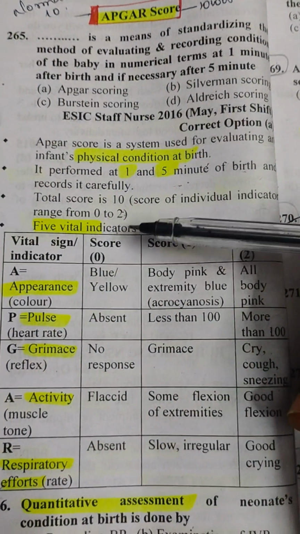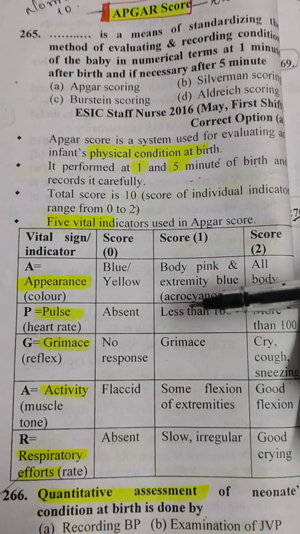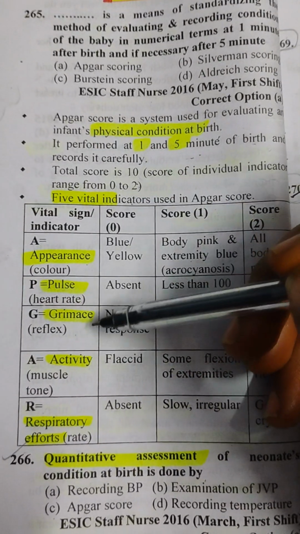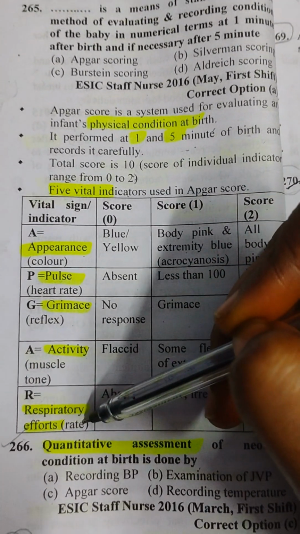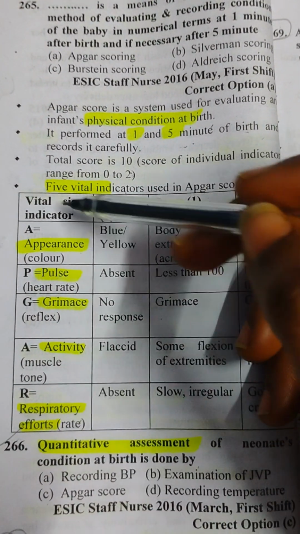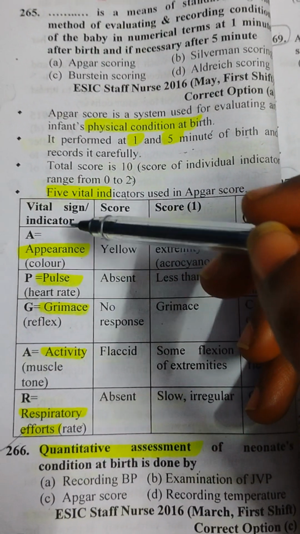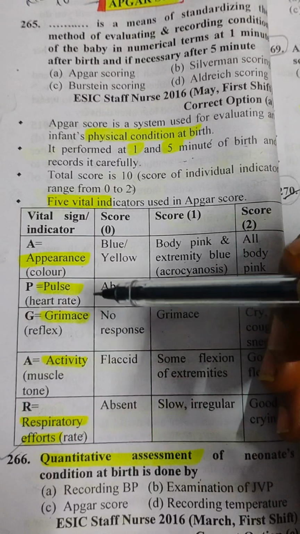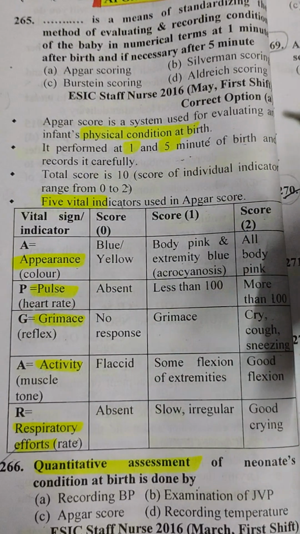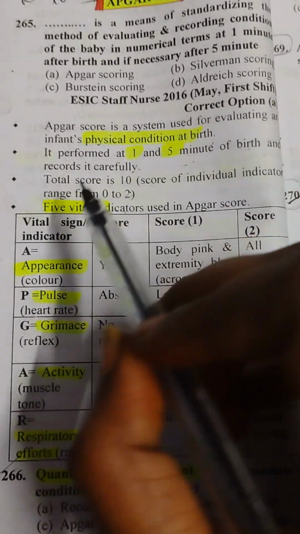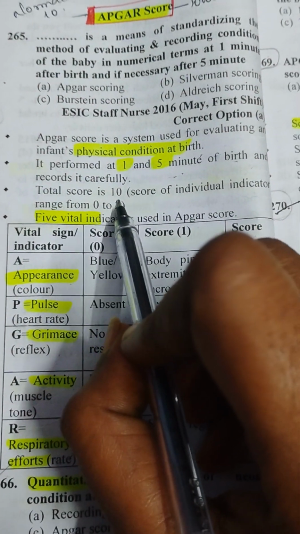In this we check mainly 5 indicators: appearance, pulse, grimace, activity, and respiratory effort. These are vital indicators we need to check after birth, and they tell us whether the infant has good physical condition or not. The total score of this APGAR is 10.